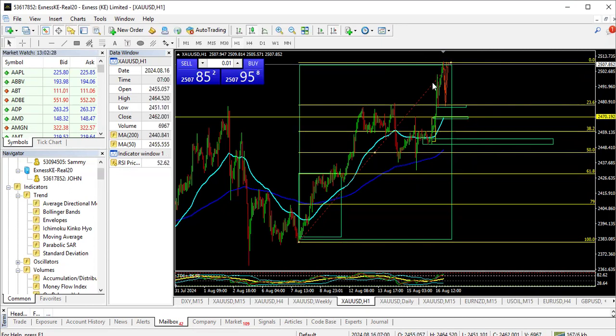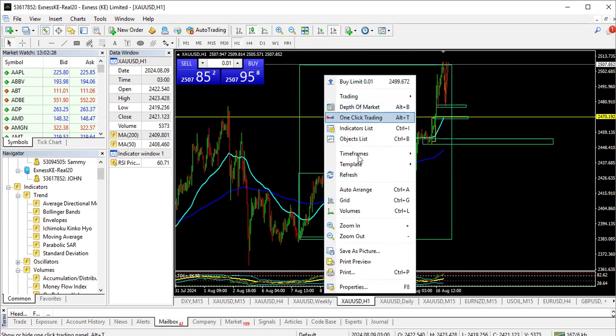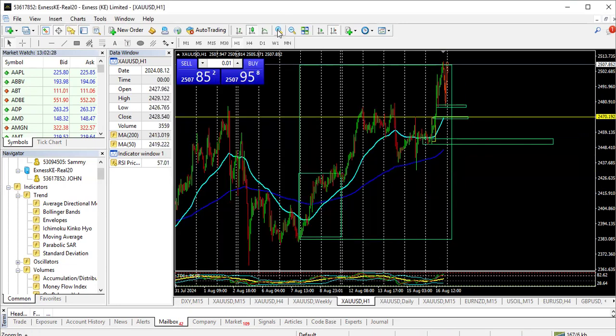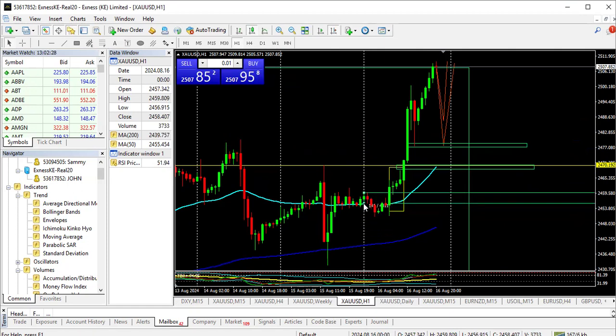Number two, if I can also include what we call PSR, let me insert the period separator. If you have been following my video, you'll be able to understand what I mean by this. If I include PSR, and then we trade using PSR, you understand that this is the PSR here.